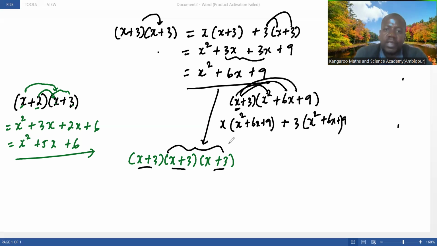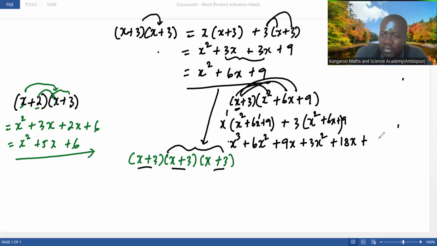There's no problem. So this will become x times x squared, this x to the power of 3, plus x times 6x, this becomes 6x squared. X times 9, these are just 9x, plus 3 times x squared is 3x squared. 3 times 6x, this is 18x, plus 3 times 9, this is 27.